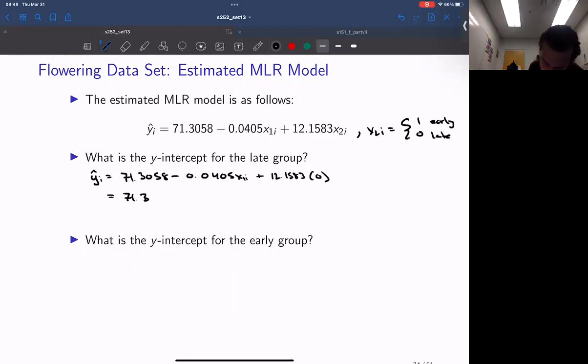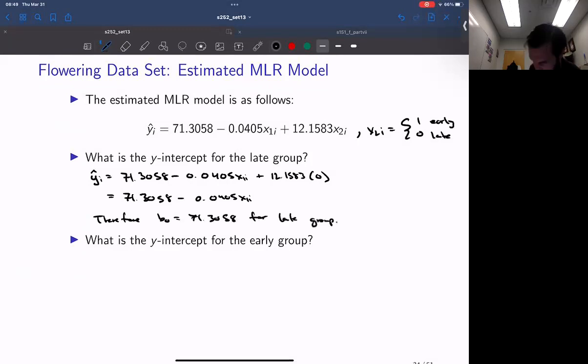That means we have 71.3058 minus 0.0405 x1i. Therefore, B0 equals 71.3058 for the late group.